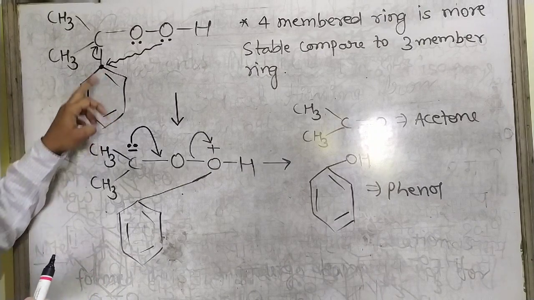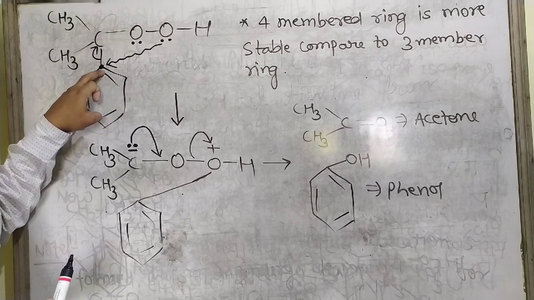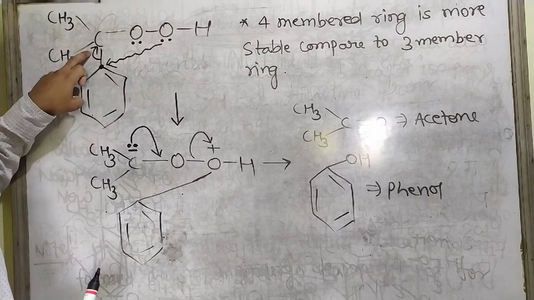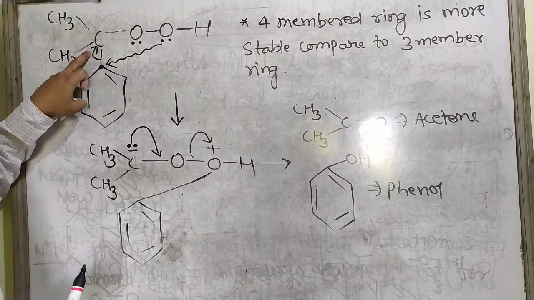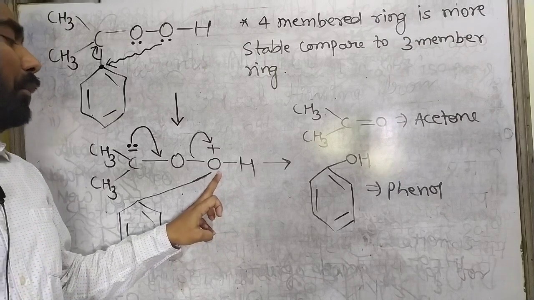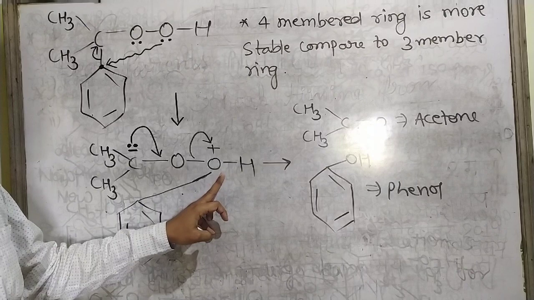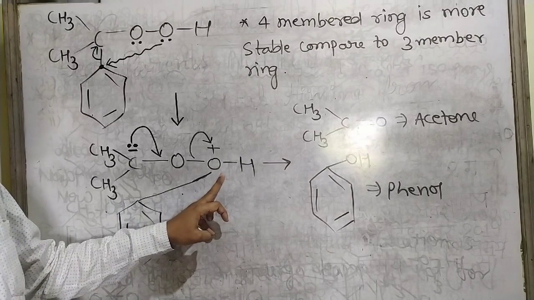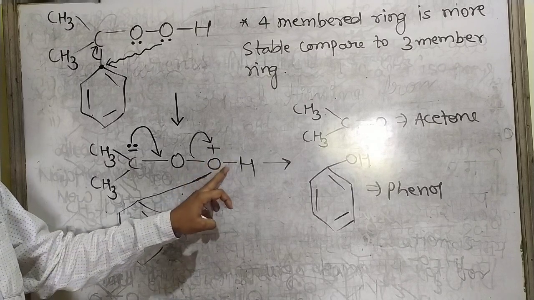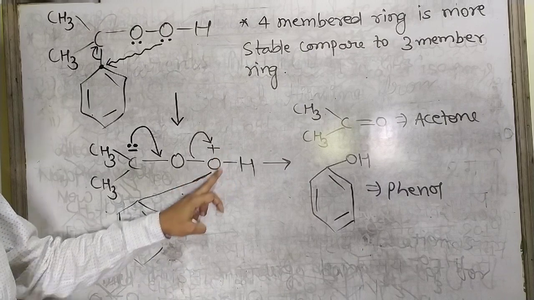Now if the attack takes place at the benzene ring, this bond will get detached from the benzene ring. Now there will be a positive charge on the oxygen, because the oxygen is showing more valency than its normal valency. 2 is the normal valency of oxygen, but it is showing 3, hence a positive charge comes on the oxygen.